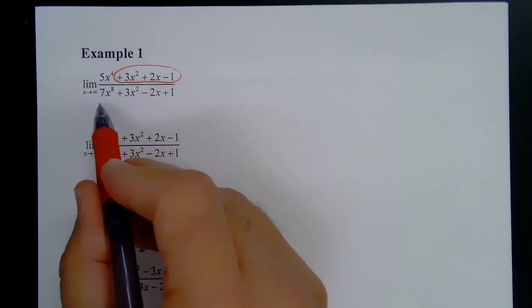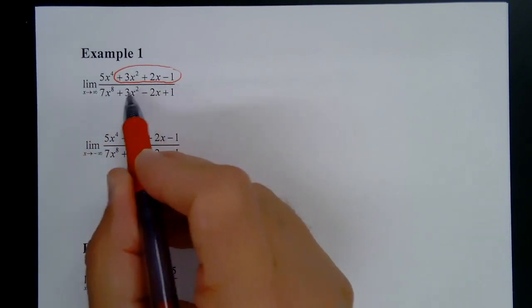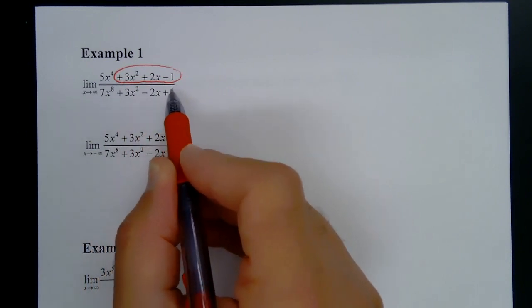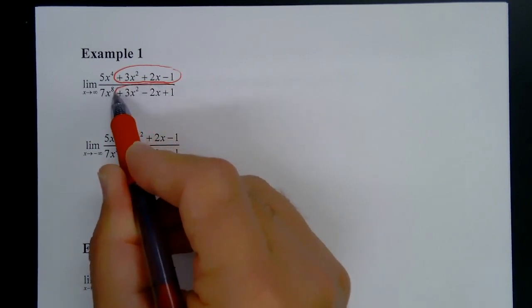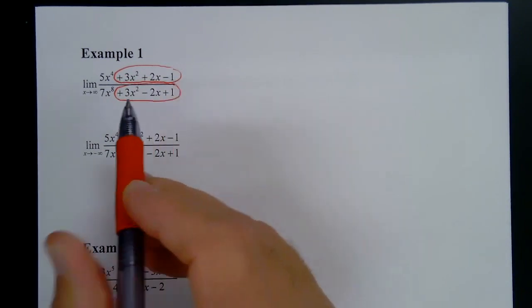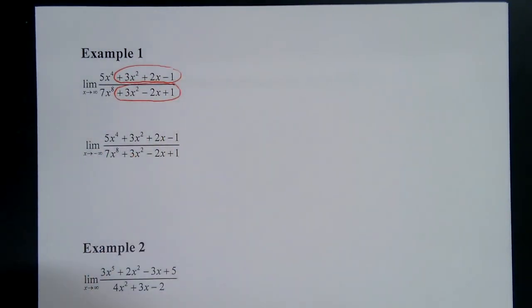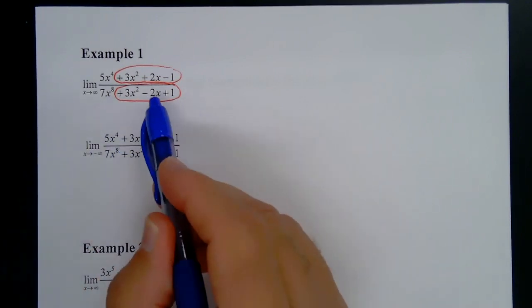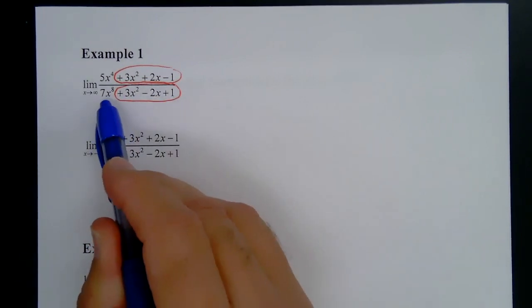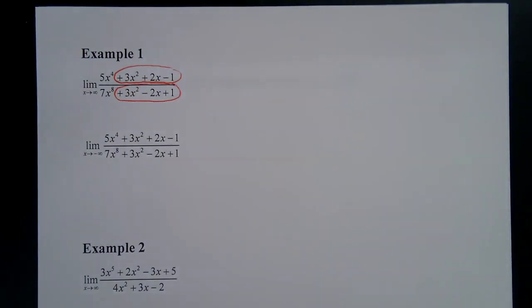And then in the denominator, the 3x squared minus 2x plus 1, we can ignore all of that, because 7x to the 8th, that's a bigger power. So all of these other powers are insignificant compared to this one. You remember in polynomials, when we talked about end behavior, we did the same thing. We ignored everything else and just looked at that lead term.